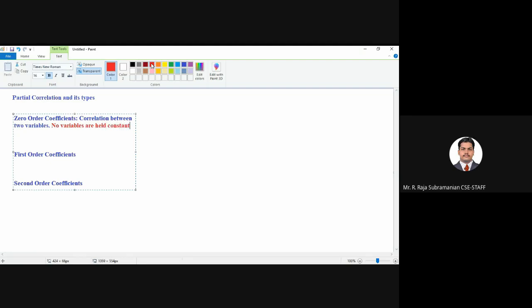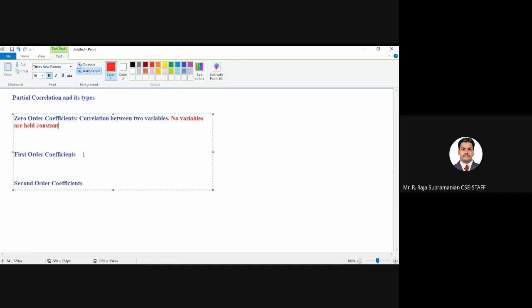Held constant in the sense that there are some variables which are also having a relationship with the dependent variable, but I'm not considering that. But here that is not like that. Only two variables are there. Both of them are taken into consideration, right?